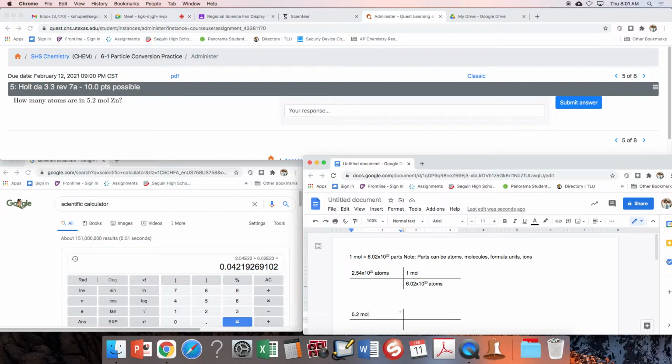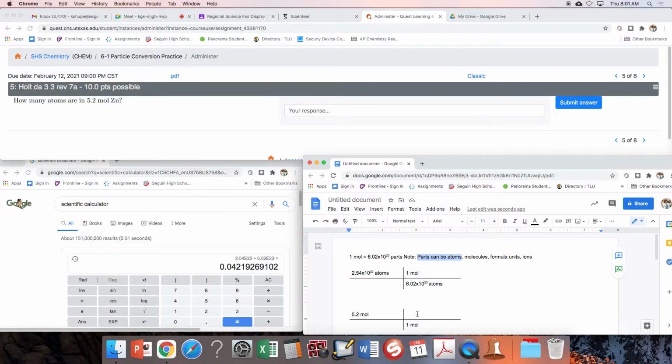Use the number exactly as they gave it to you. So here, I'm starting with moles, which means down here I also need moles. And if I look at my conversion, I have 1 mole in my conversion. And again, we talked on the last problem that atoms are going to be parts.